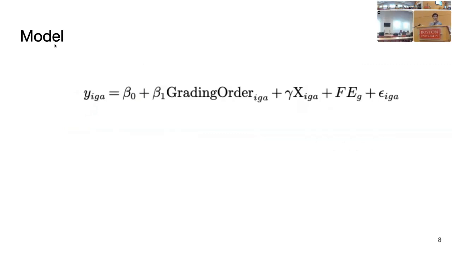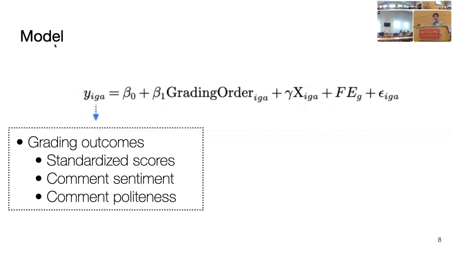Using this data, we build a fixed effect model using the grading order to predict a set of grading outcomes, including the standardized scores, because different assignments and subjects have very different scales, so we normalize those to make comparisons. We also study two external text measures, comment sentiment and comment politeness, because teachers can also directly give students textual feedback.